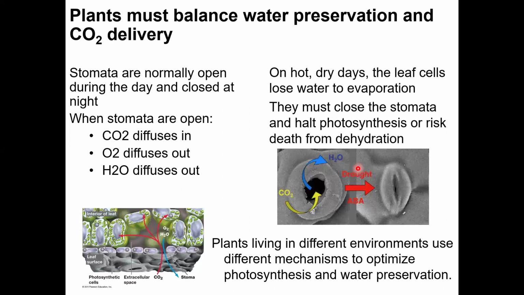But on hot and dry days, the leaves end up losing water to evaporation, so they must close their stomata to help them adapt to that scenario, to prevent them from dying of dehydration, basically.